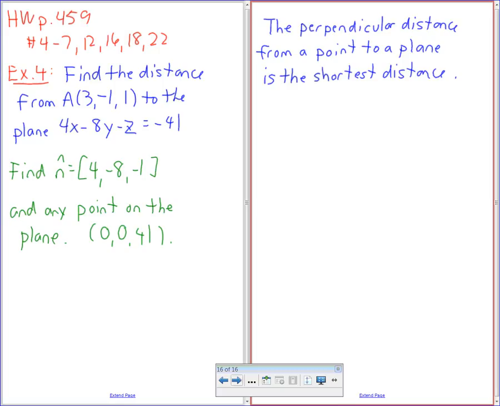Let me write that in the book, Michael, for your assistance. So that would be the magnitude of the projection.